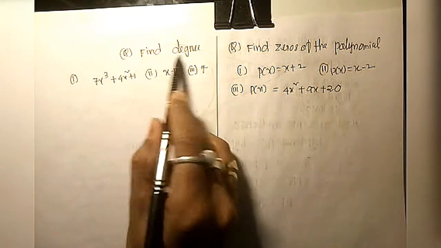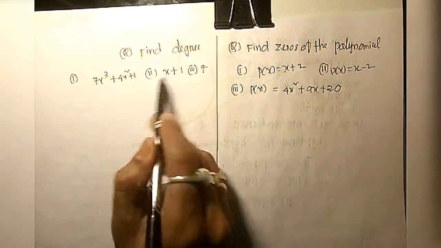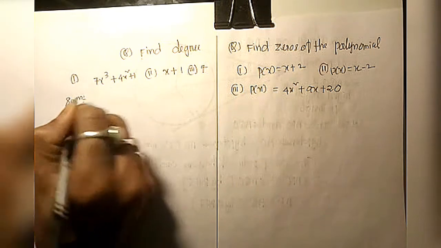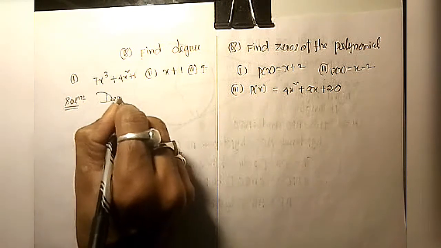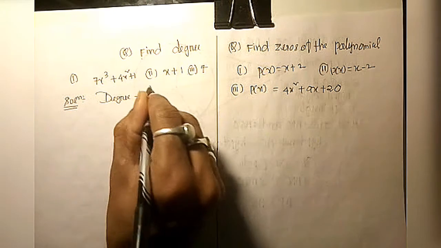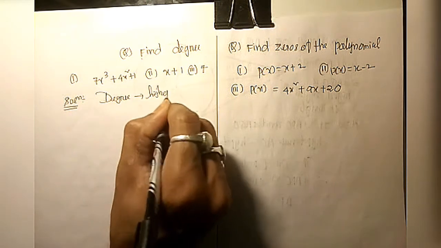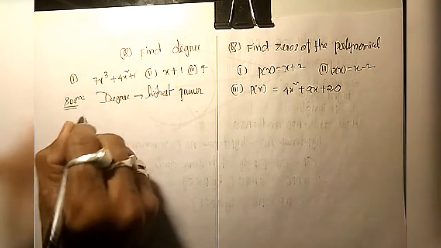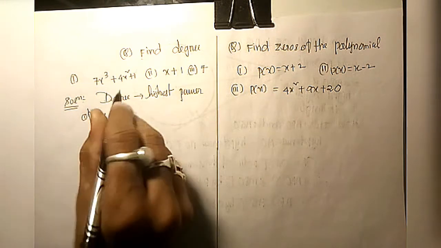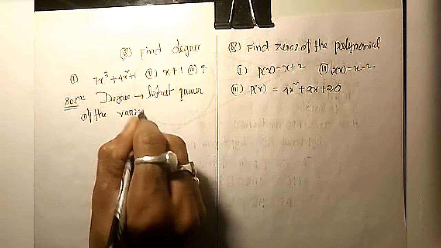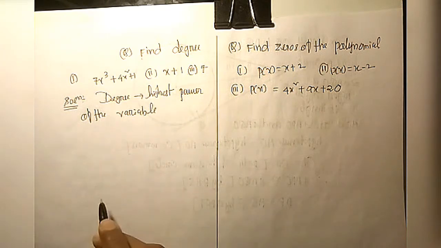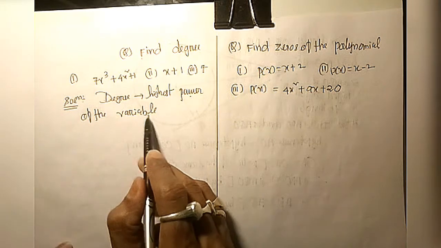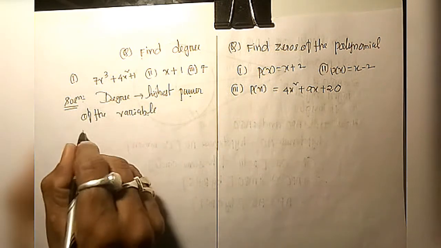So, next question, find the degree of the given polynomial. Degree means, as we have already learned, the highest power of the variable in the polynomial. So, what is the polynomial?